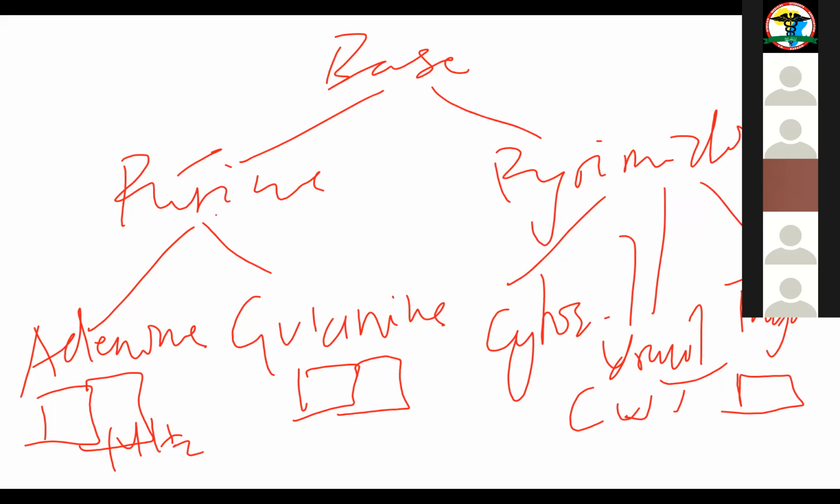So there are 2 types of purine, adenine and guanine, and 3 types of pyrimidines, cytosine, uracil, and thymine. And they are what the sugar and the phosphate are added to, to make what is known as a nucleotide. Then when you have 2, 3 nucleotides coming together, that is how DNA is formed.